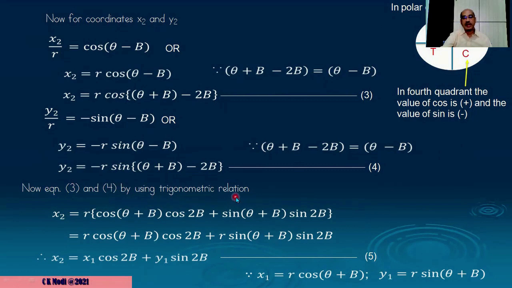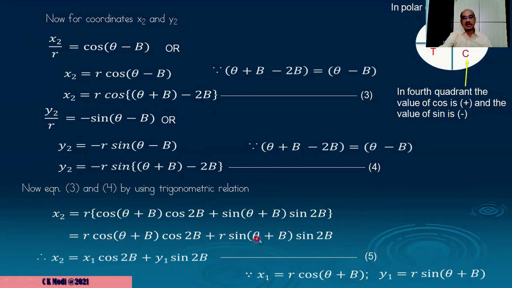Now equations 3 and 4, using simple trigonometry relations. So x2 is equal to r cos(theta plus b minus 2b); on expanding this bracket, cos(theta plus b) cos 2b, minus minus becomes plus, sin(theta plus b) sin 2b.